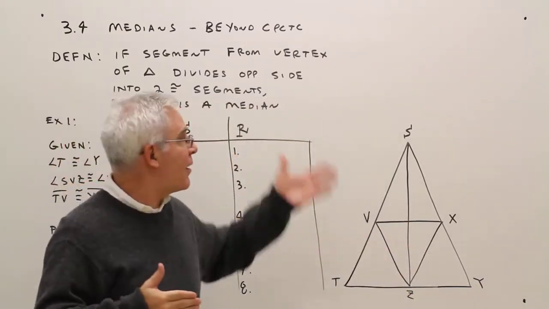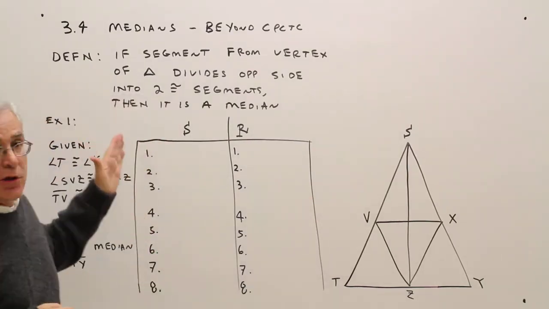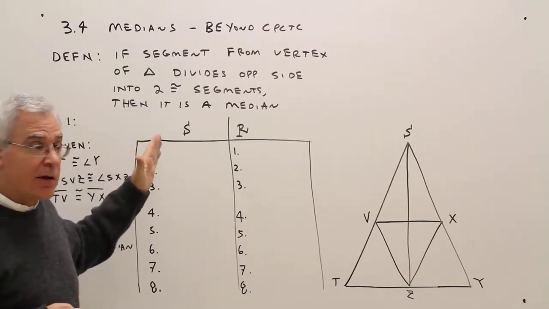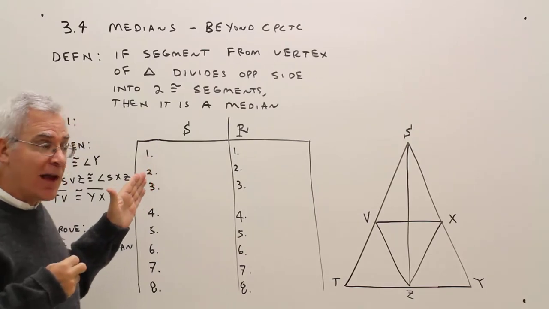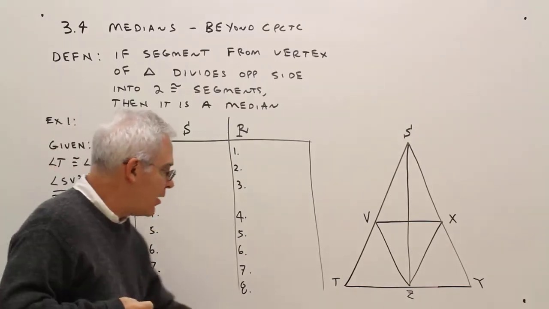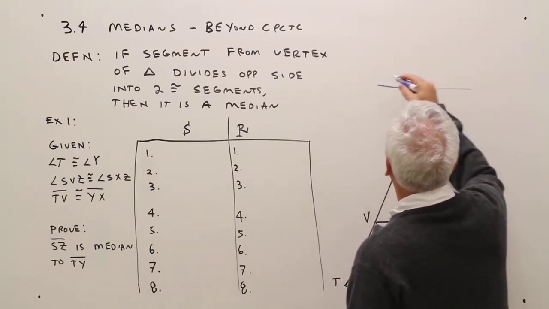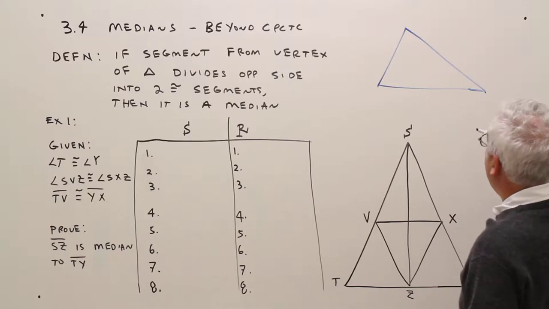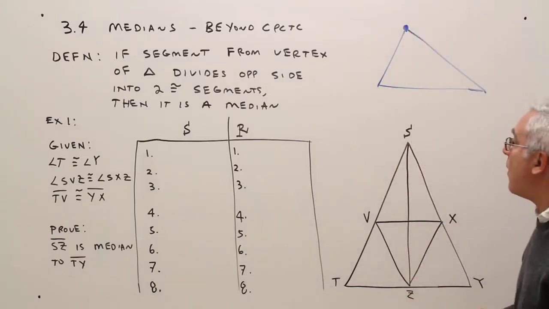We'll define it. I'll give you a picture. We'll do a proof. All right. So definition. If a segment from the vertex of a triangle divides the opposite side into two congruent segments, then it's a median. Let me draw you a picture over here. So here is just a random triangle. And let's say we're talking about that vertex there.